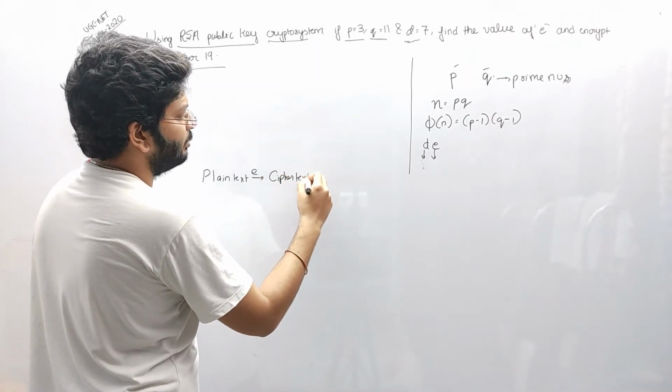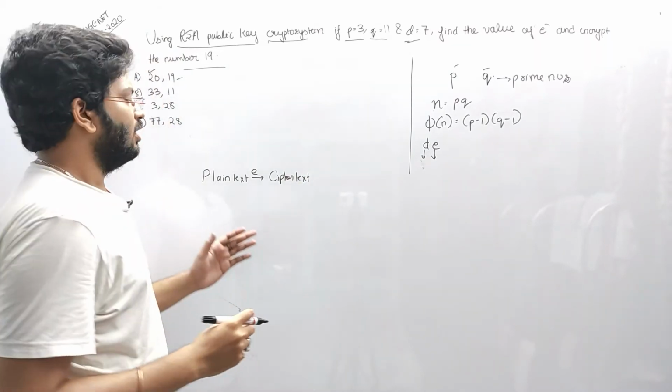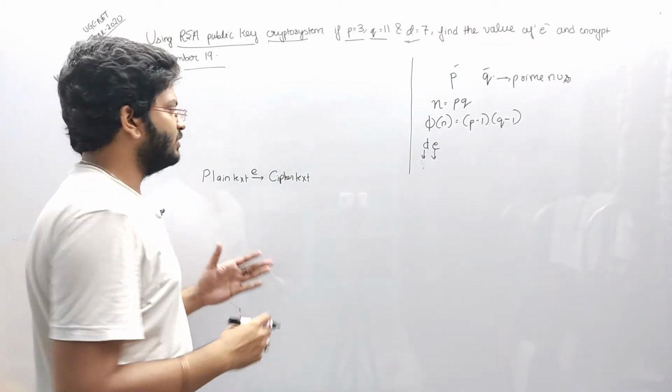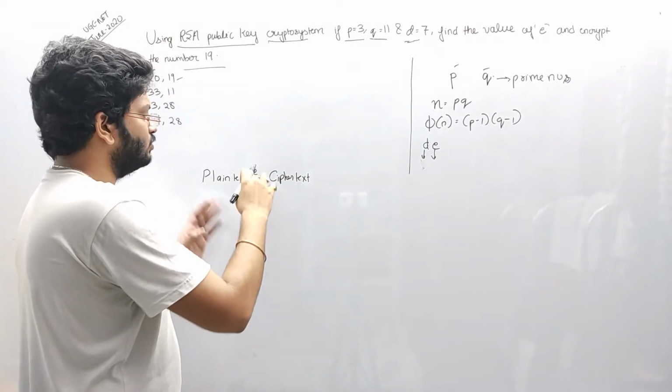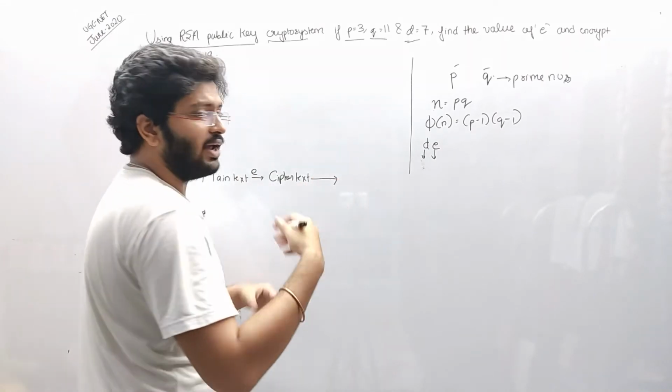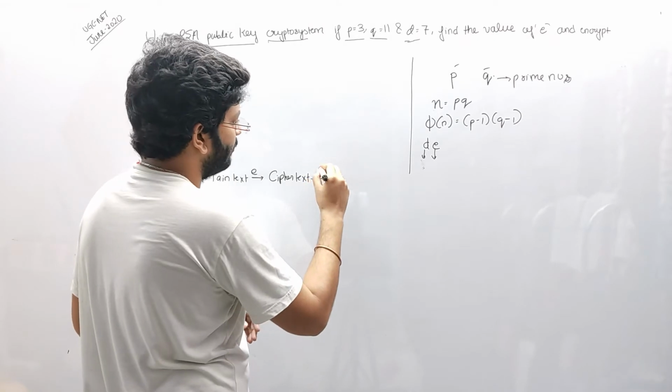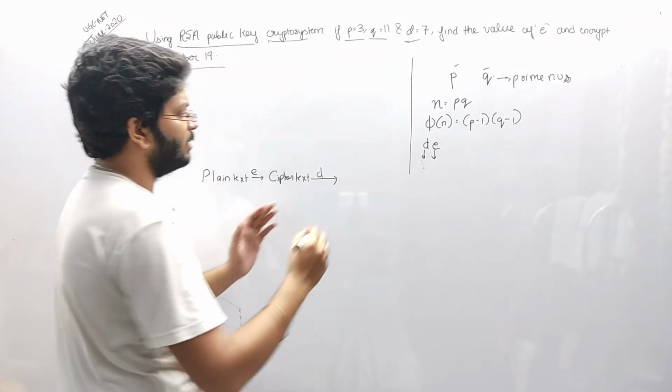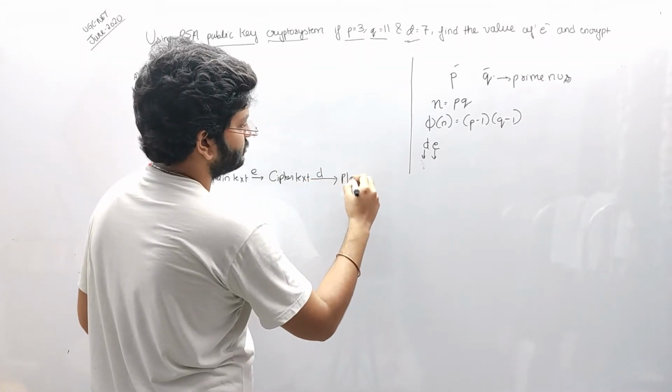Ciphertext is the message which an unauthorized user cannot understand. So if I use the parameter E on the plain text, it will be converted to the ciphertext, and again at the receiver side, on using the parameter D, it will be converted back to the plain text.